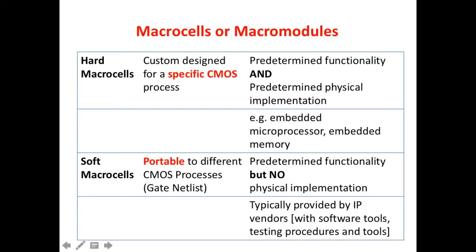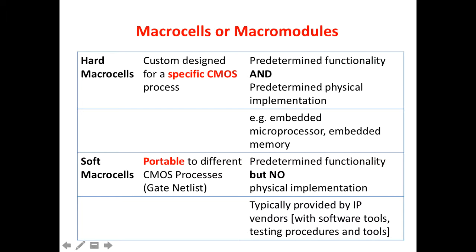There are differences, and the difference is the same trade-off that we have already observed. Because in the case of a hard macro cell, it's designed for a specific CMOS process.